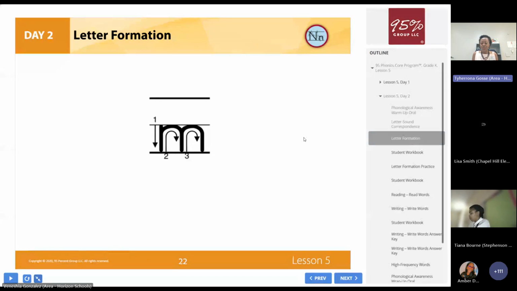Follow the arrow to trace the letter while saying Okay. I see Venetia has her pencil. I see that Shannon has her pencil. Awesome. I see that Natasha has her pencil. Angela, grab your pencil. Put it in your writing hand. Awesome. Good job. Now, follow the arrows to trace the letter while saying just like I showed you.